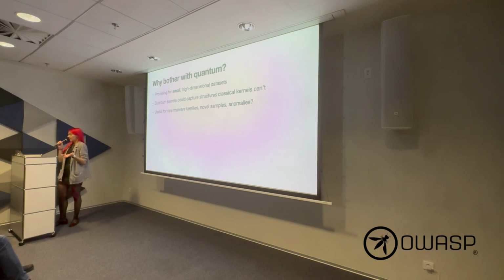The idea is that the quantum kernels could capture some structures classical kernels can't, based on the way how they use or exploit some of the more physical quantum properties of the computation. I won't probably go into much more detail on this. The general idea is that we want to use something which is hard to simulate classically.